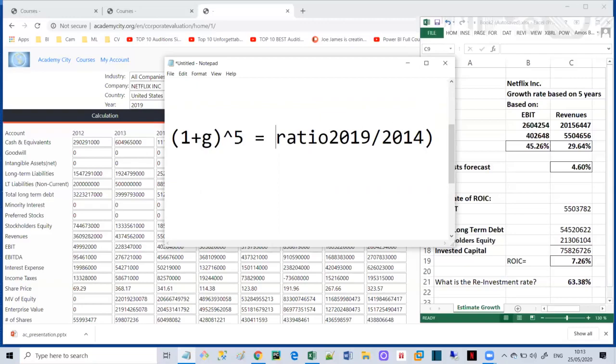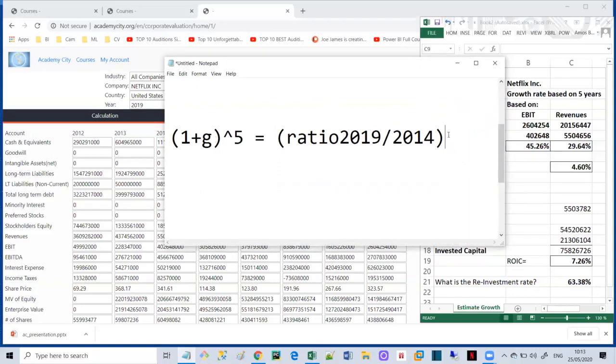I made the ratio first, and the ratio is supposed to be 1 plus G to the power of 5. Therefore, if I want to find the G, I must, on the other side, raise this one to the power of 1/5.